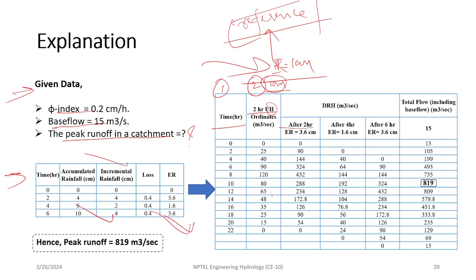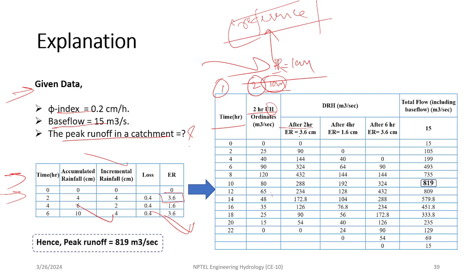But if you see the data carefully, for the first storm, over 2 hours, we are getting an effective rainfall of 3.6. It is not 1 centimeter. 1 centimeter has been given for our reference, but 3.6 is the total effective rainfall occurring over a 2-hour period.